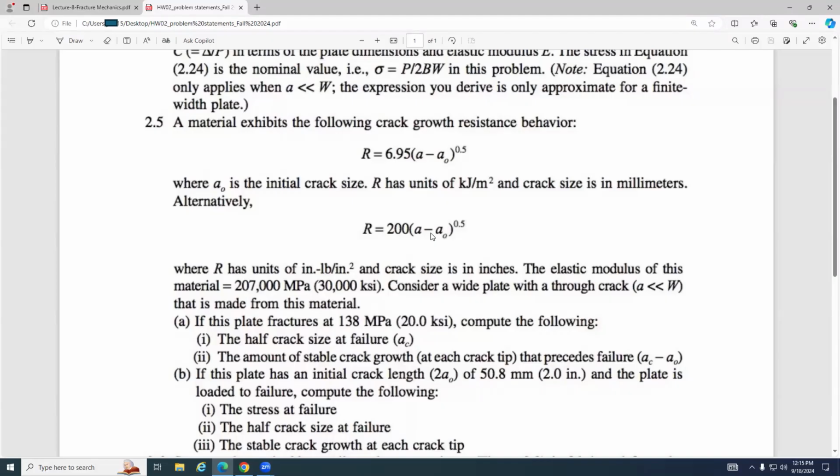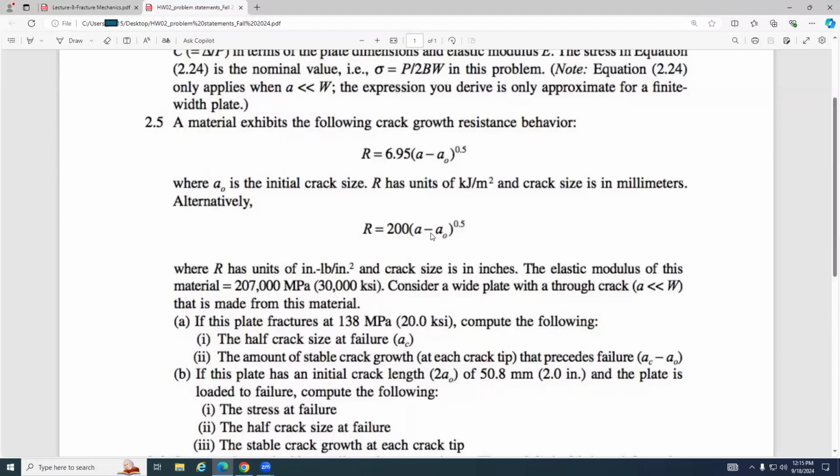For the second condition, you need to take the derivative. G's derivative with respect to A_C equals pi sigma squared over Young's modulus, and this equals a factor you need to calculate.